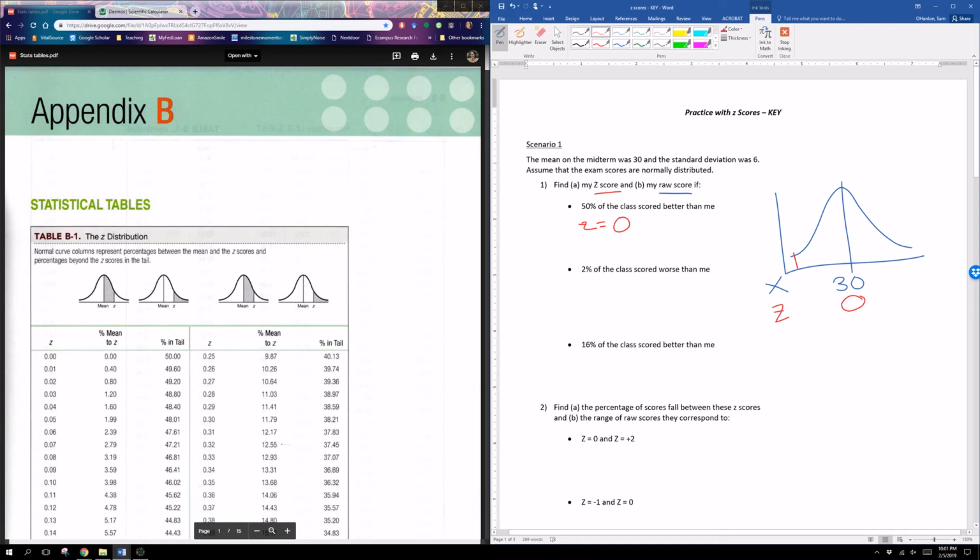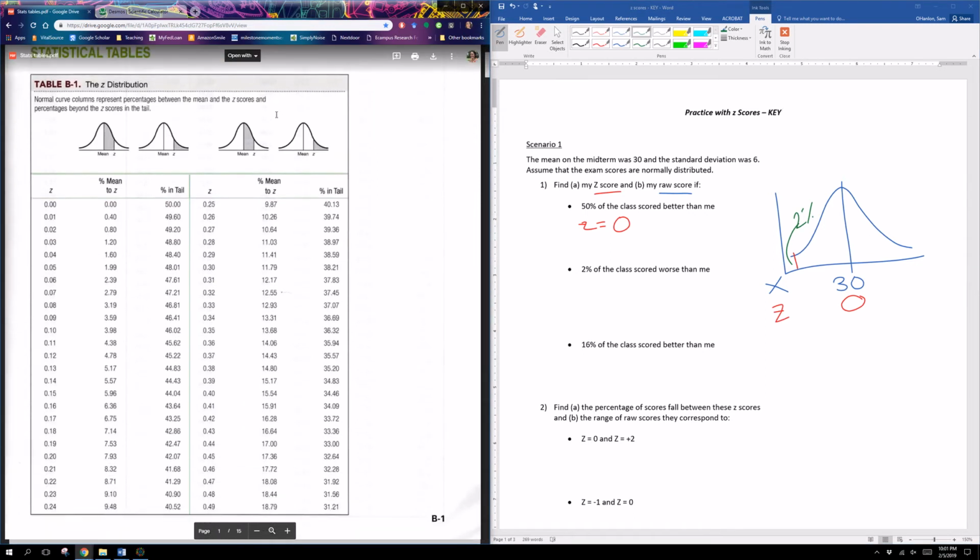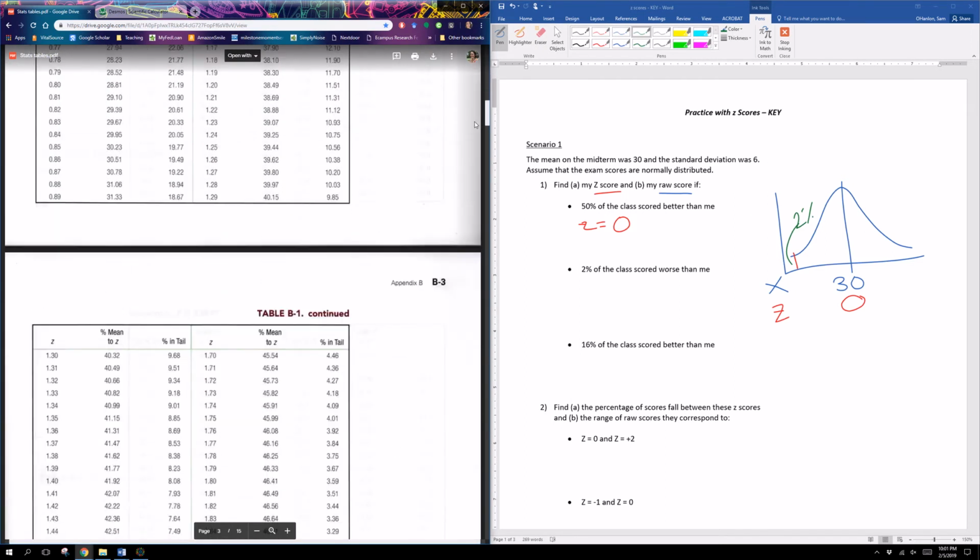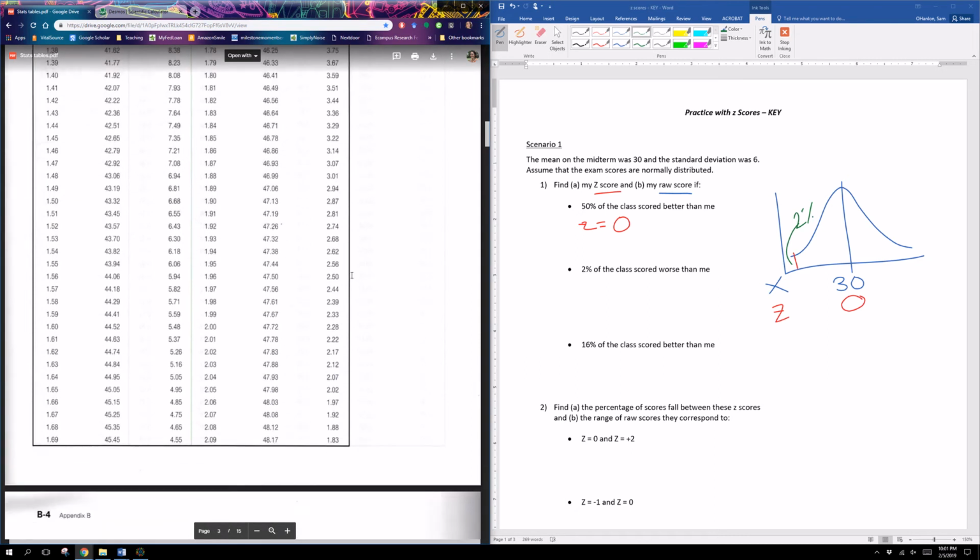in there is 2%. Let's go over to our z table. So what we're looking for is the percent in tail that is closest to 2%. So here we go.